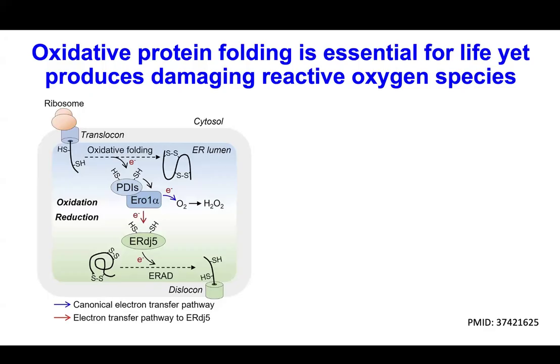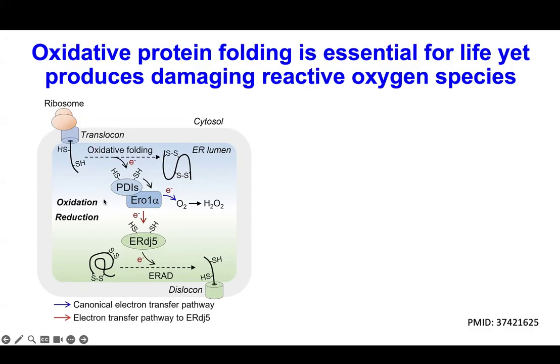So most of you are probably very familiar with the electron transport chain in the mitochondria. There's actually a similar electron transport chain in the lumen of the ER. Almost 40% of proteins have to go to the ER and undergo this kind of folding process.